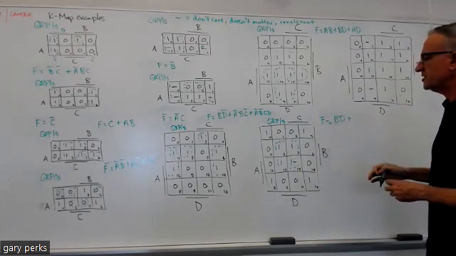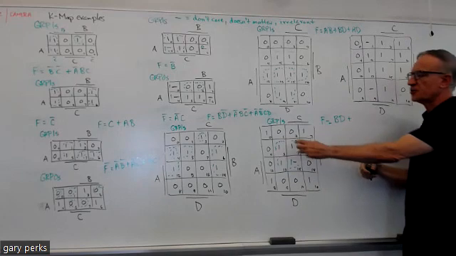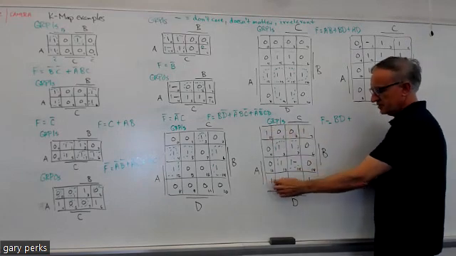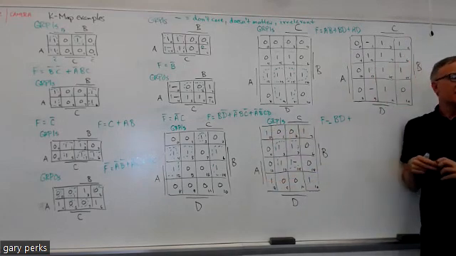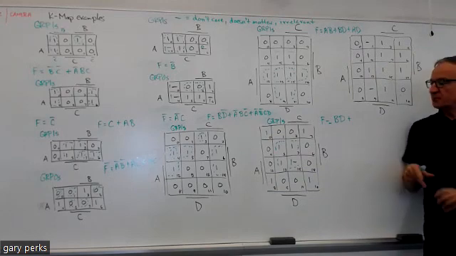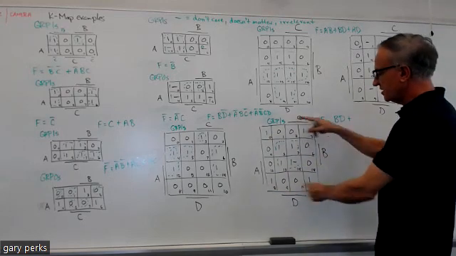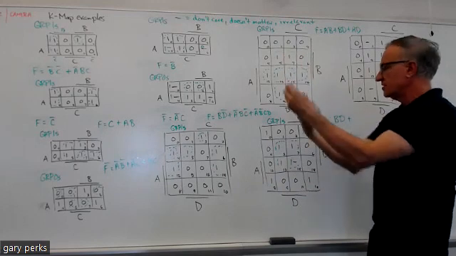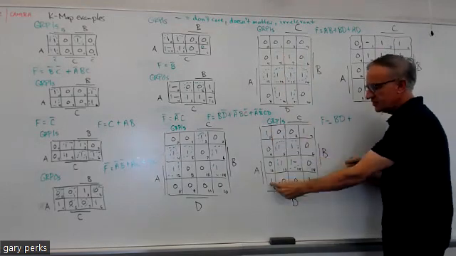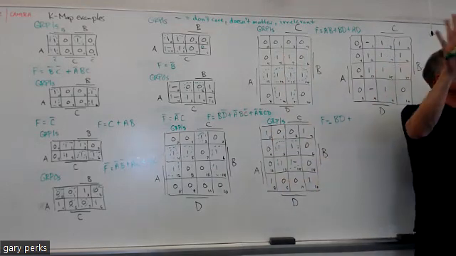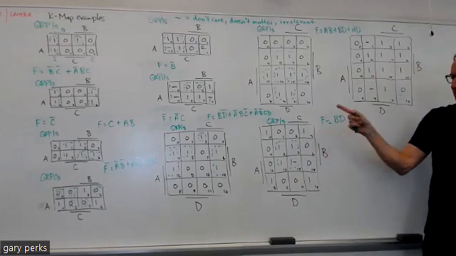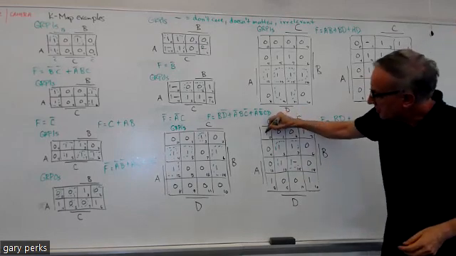Okay, so now comes the reason why I have this example. Notice the corners are all 1. The corners touch, right? Because the edges touch and the top and bottom touch, and it's kind of like a sphere. When you have the same value in all the corners, and here we're grouping 1s, you can group the corners.